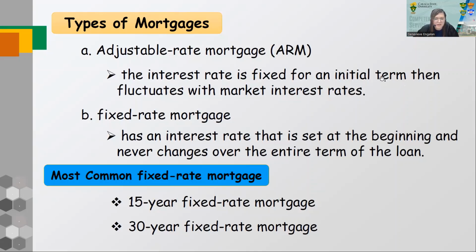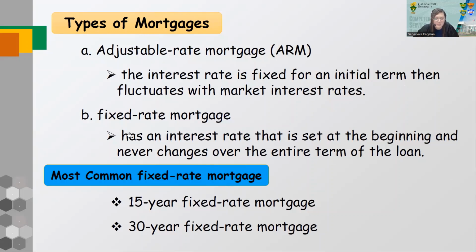So, pwede siya nga for the first year fixed ang iyang rate. Pero pagka next year, it will fluctuate with market interest rate. So kung mataas ang market interest rate, mataas pud imuhang rate sa bayad. So which is very risky. Okay, kung mubo, mubo pud ang bayaran. No? So kining fixed rate mortgage bisag mutaas o muubos ang market interest rates, pareho gyud kung unsay inyong gibayad.